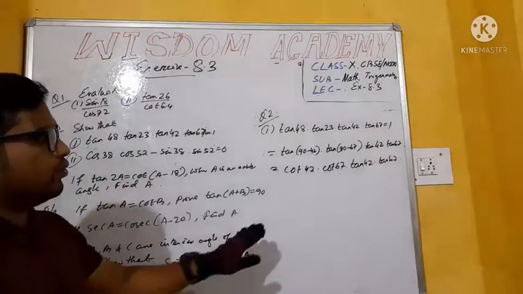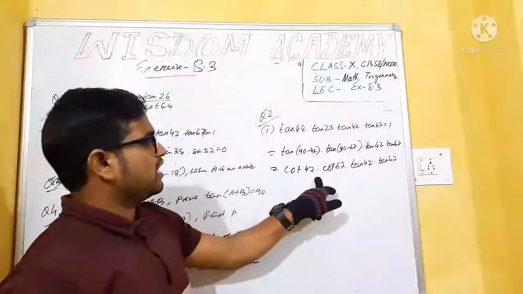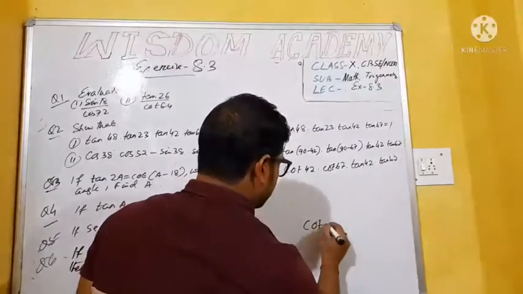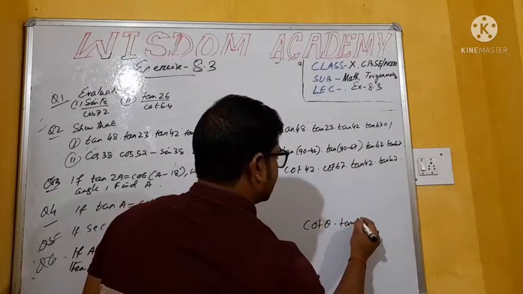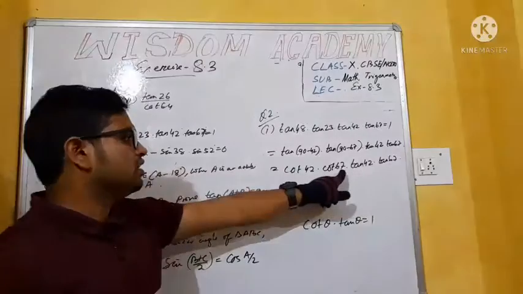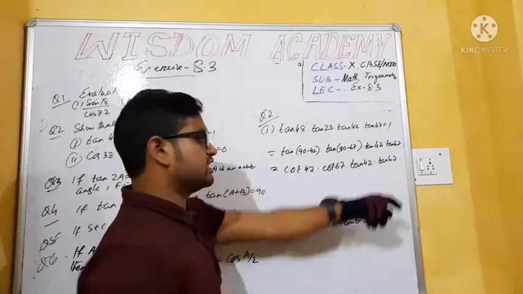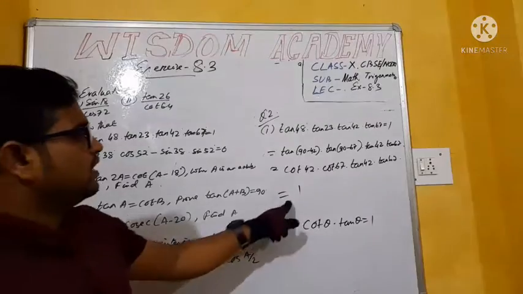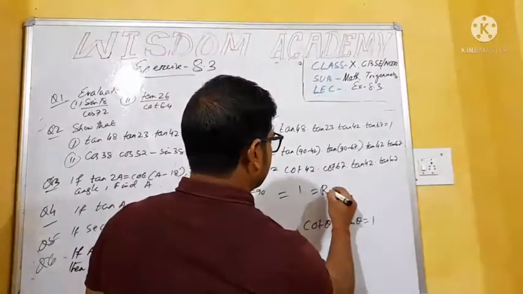We know that cot theta into tan theta is 1. So cot 42 into tan 42 is 1, and cot 67 into tan 67 is 1. Your answer is 1. Take screenshot. Hence RHS.